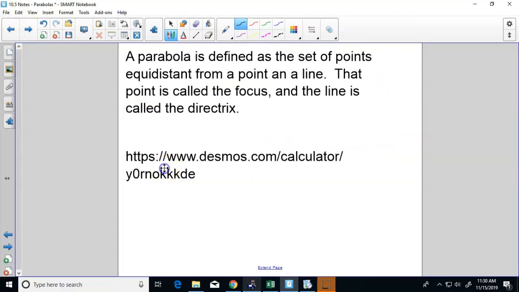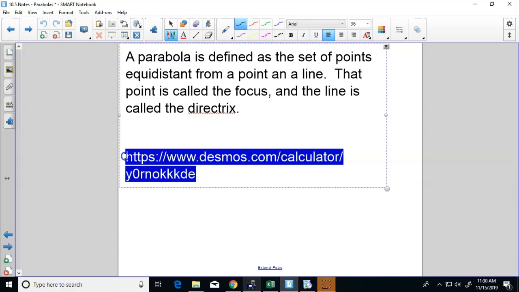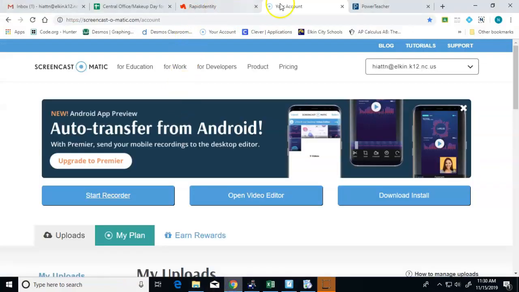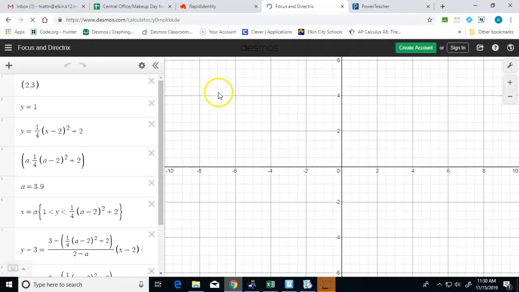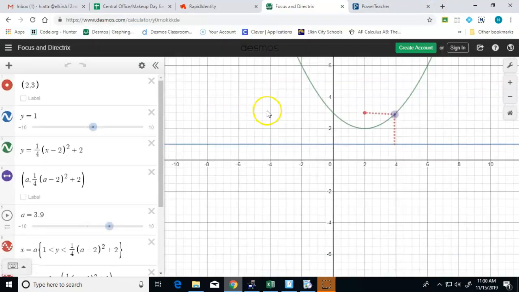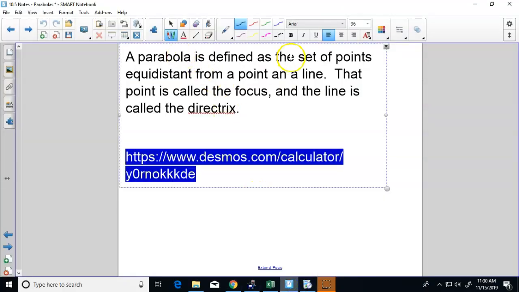Let's see. Wonder if this right here still works. Let me see real quick. If it does, I'll show you real quick what a parabola looks like, if this still works. Okay, so, which one is it? Alright, so a parabola, it says, is defined as the set of points equidistant from a point and a line.